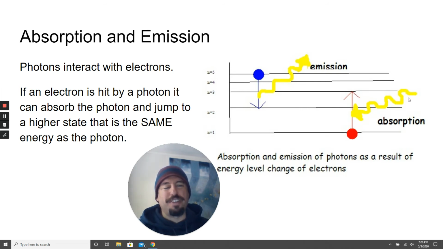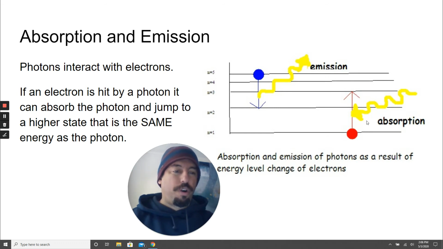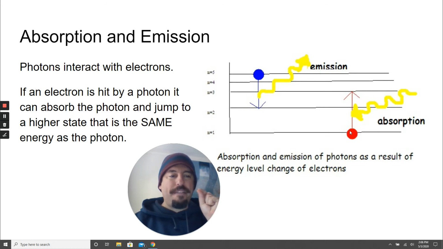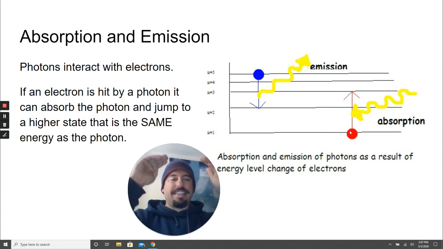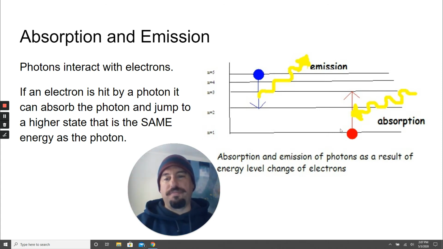If this photon had 4 electron volts of energy, it will not kick it up to the next level because it doesn't have that energy to get it up to that level. So if the energy of the photon matches the energy of a specific level, it can excite that electron to a higher energy level.